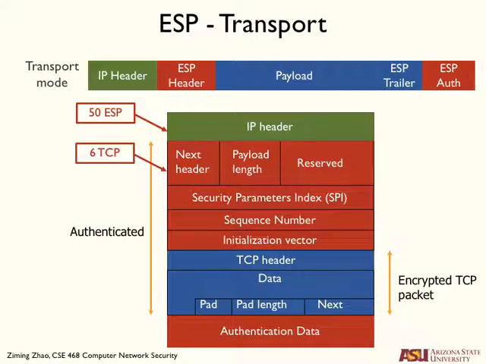So initialization vector is also another number we talked about before. It is used for encryption and decryption. Even though this number is not as important as the key, it should be protected somehow. And we are transmitting it in this packet, and this packet will be encrypted, so not in plain text.